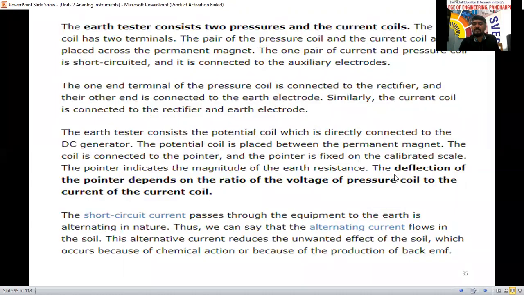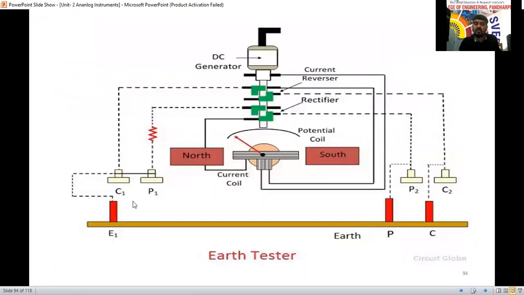See this definition: the deflection of the pointer depends on the ratio of the voltage of the pressure coil to the current of the current coil. The current coil and pressure coil are shorted here; that is the auxiliary electrode we have mentioned. The pressure coil gives the potential or voltage, and the current coil C2 gives the current.